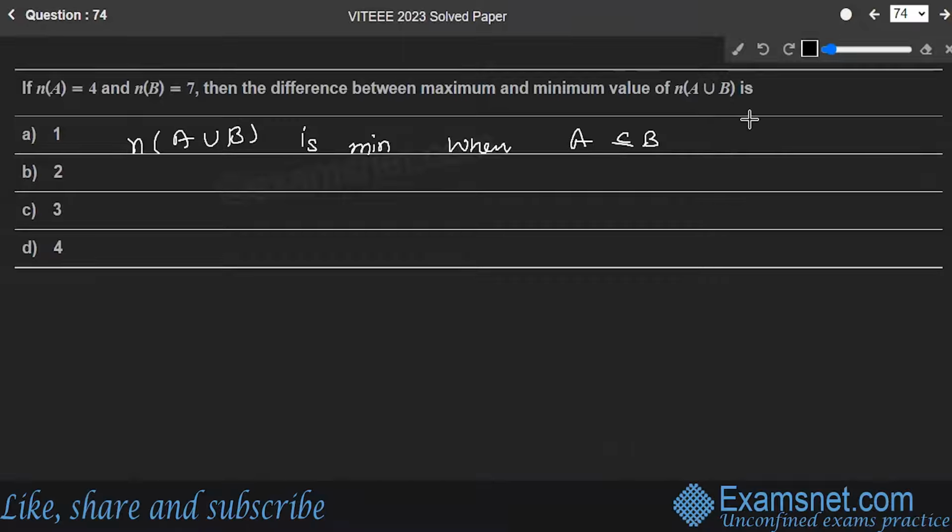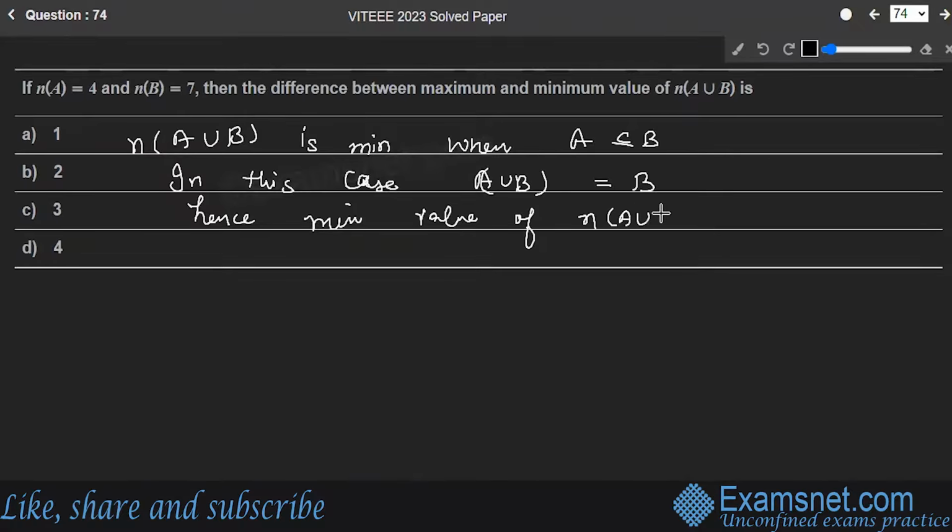Now, in this case, what will be A ∪ B? It will be B only. Hence, the minimum value of n(A ∪ B) will be nothing but n(B), which is given to you as 7 in the question. Done. Now, this is for the minimum.